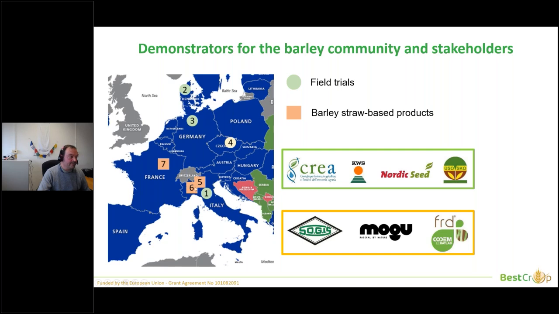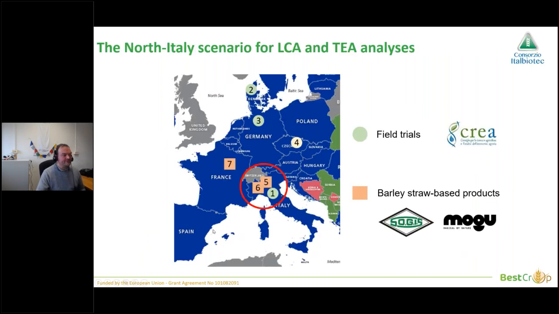And there will be, in the north of Italy, Sogis and Mogu, but also FRD Codem that is placed in France. And finally, we will also try to use the scenario that is present in the north of Italy, where we are going to grow the barley straw in Fiorenzuola d'Arda and transform the barley straw at Sogis and Mogu, here producing proteins and biolubricants, here producing insulation panels.